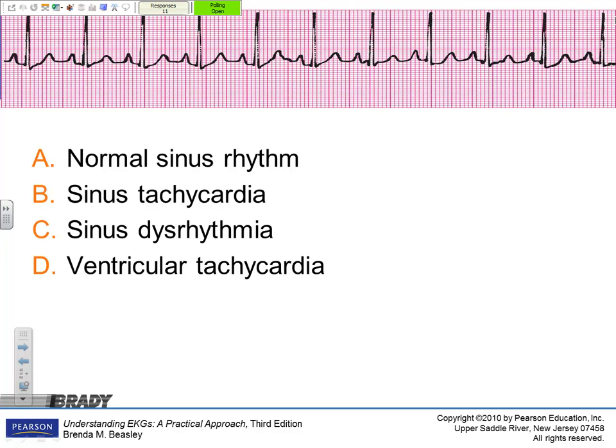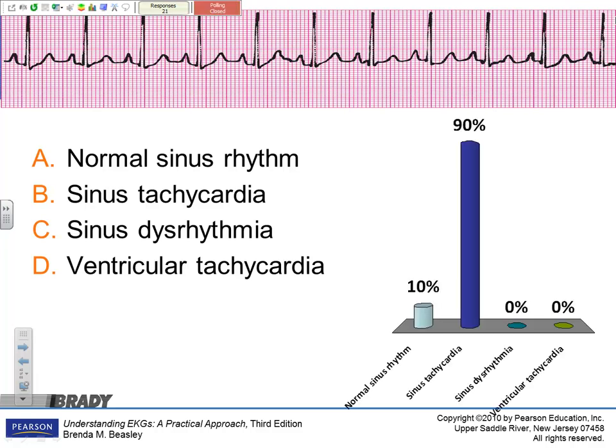Okay, y'all, you know what this is? Who called that normal sinus rhythm? Several of you did. It's too fast to be a normal sinus rhythm.